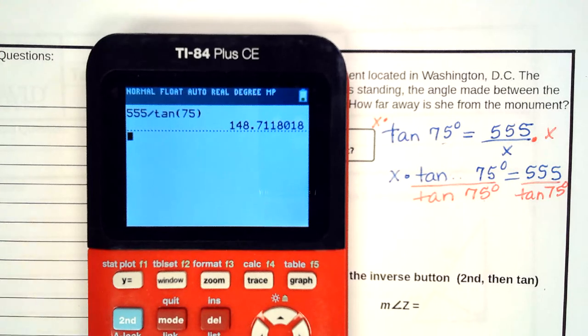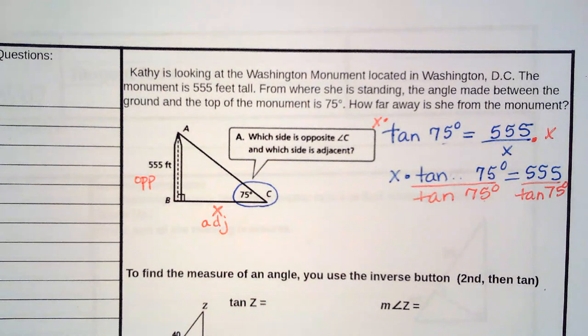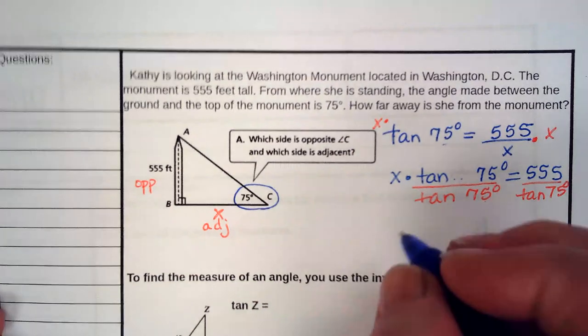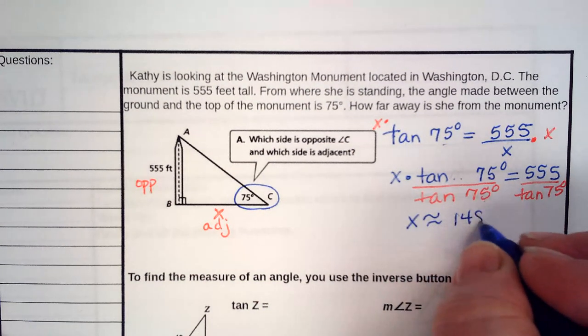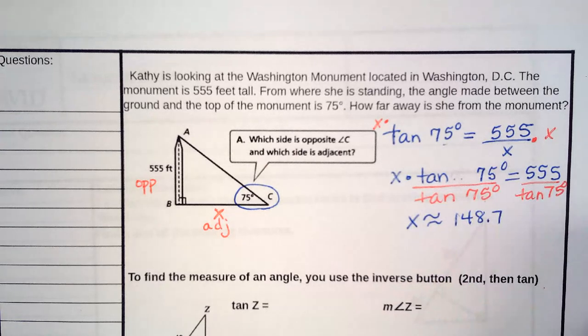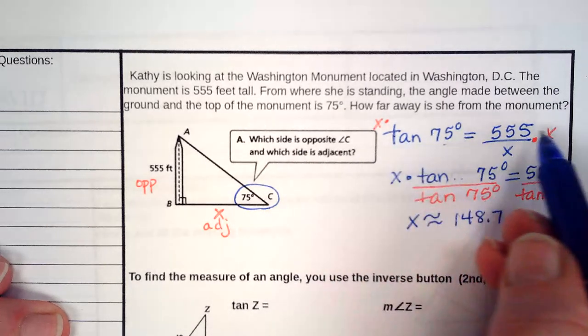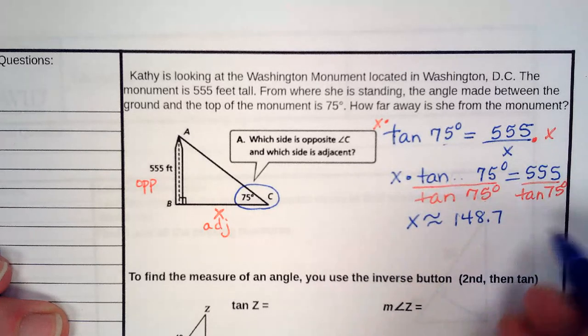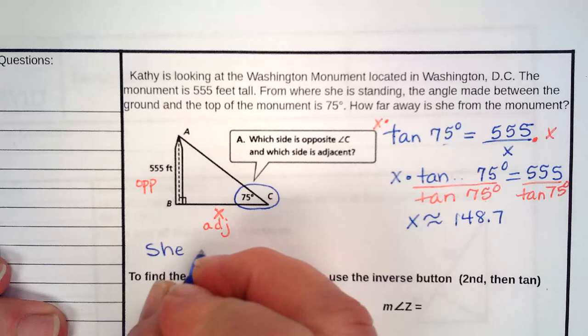We would probably just simplify to 148.7. So what does it mean? It means she is about 148.7 feet from the monument.